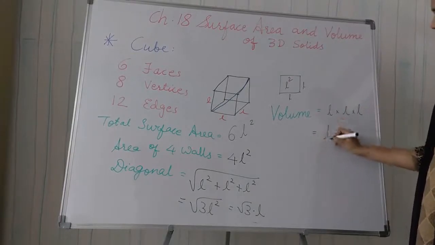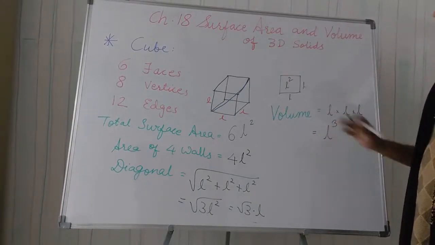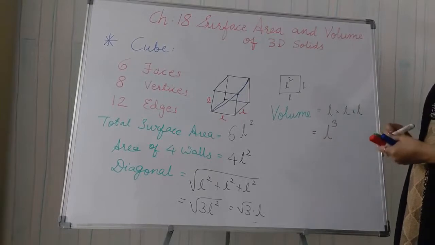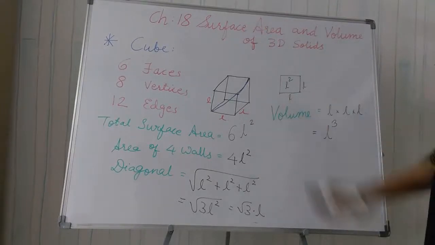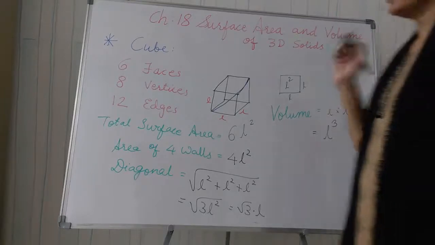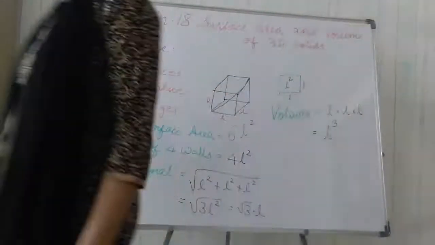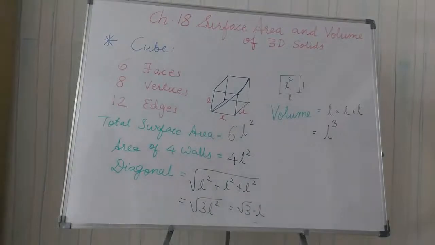It means it becomes L cube. So this is the volume of the cube shape. Here I have written all the formulas regarding cubes, and all the information I have explained here will be useful in your exercise.